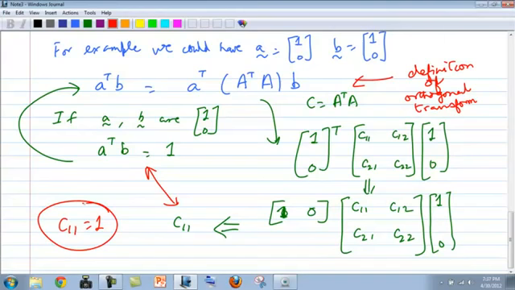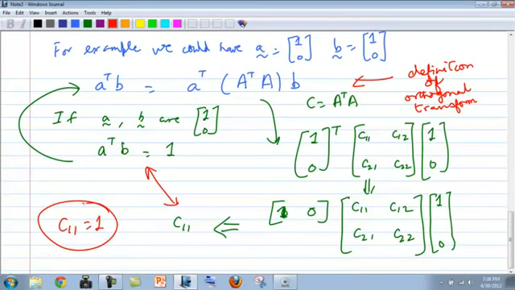So let's just pause a little bit so that we are not totally lost. What I did was I had a relationship which I wanted to study the properties of A transposed A. And what I did was I picked a particular choice of the vector A and a particular choice of the vector B, and from that I showed that this matrix A transposed A, which I am calling C, has the property that C11 is equal to 1.